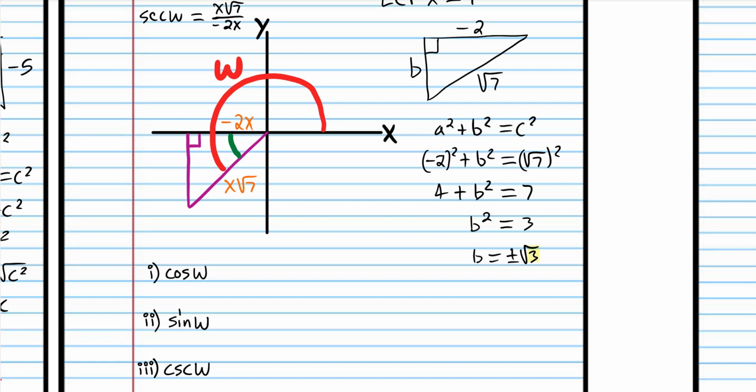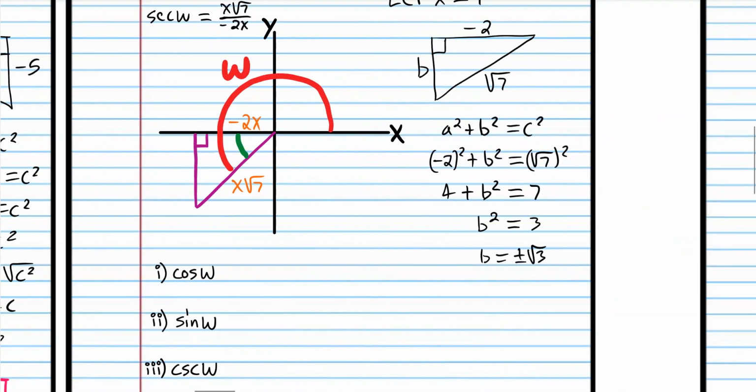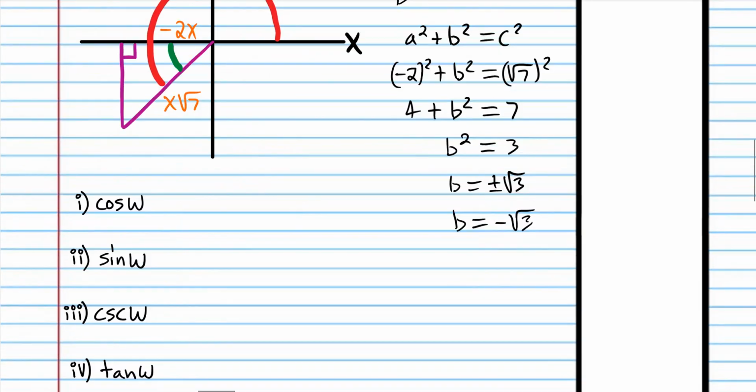Look at this triangle and ask yourself, is this side going to be negative or positive? Now the hypotenuse is always positive. So in the previous problem, we knew that our answer is going to be positive down here because the hypotenuse is always positive. But now we're talking about a leg, so obviously you can see this side is below the x-axis, so b is actually going to be negative √3.